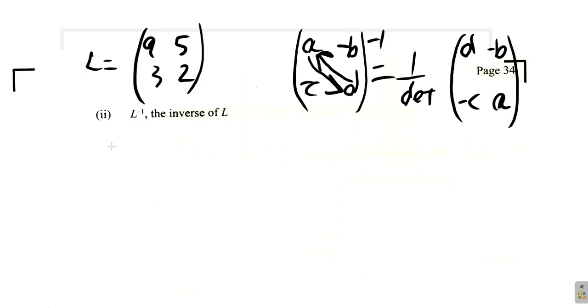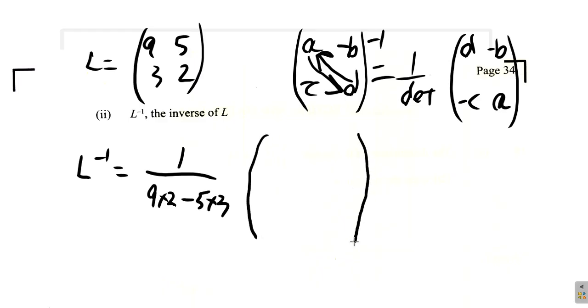You have a name for the matrix, it's L. L inverse is equal to 1 over the determinant, and you know the determinant would be 9 by 2 minus 3 by 5, but it's the same thing, 5 by 3, times interchange A and D, interchange 9 and 2. 9 will come down here, 2 go up here, alright? So it's 2 up here, and 9. Change the sign of the 5 and the 3, negative 5, 3.